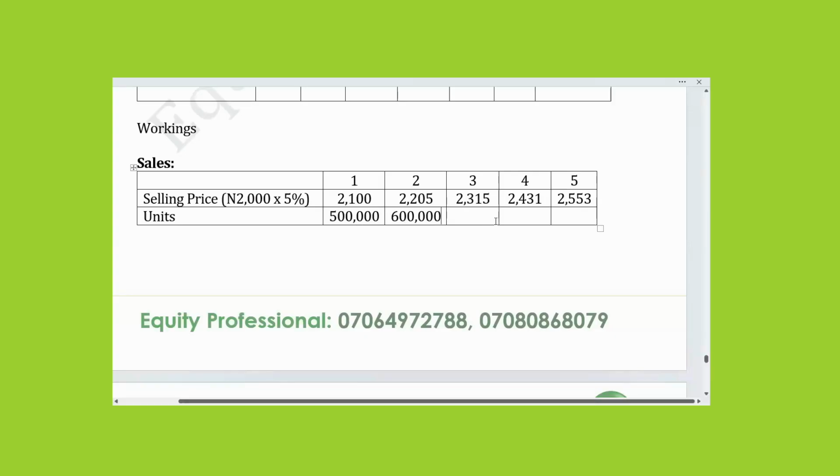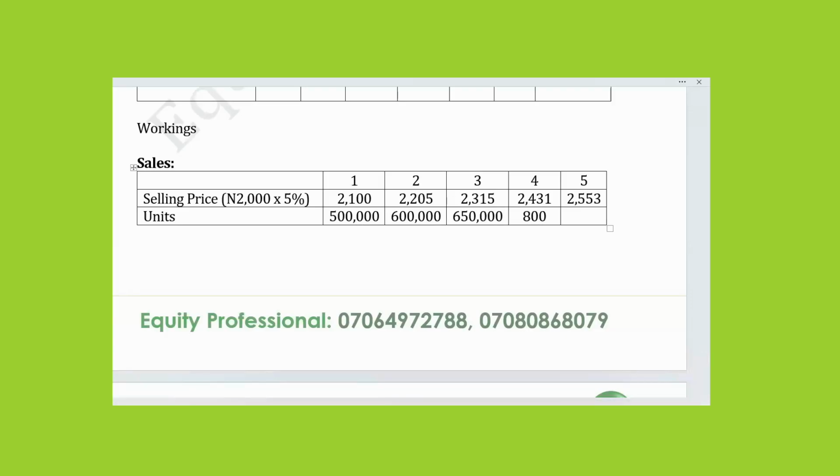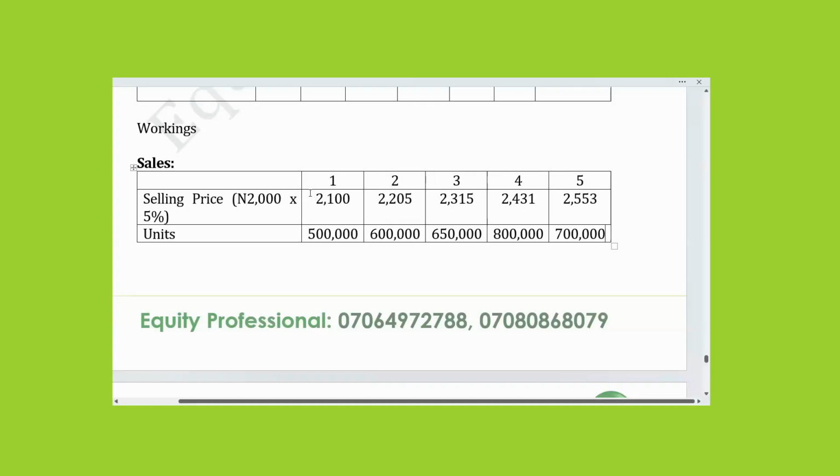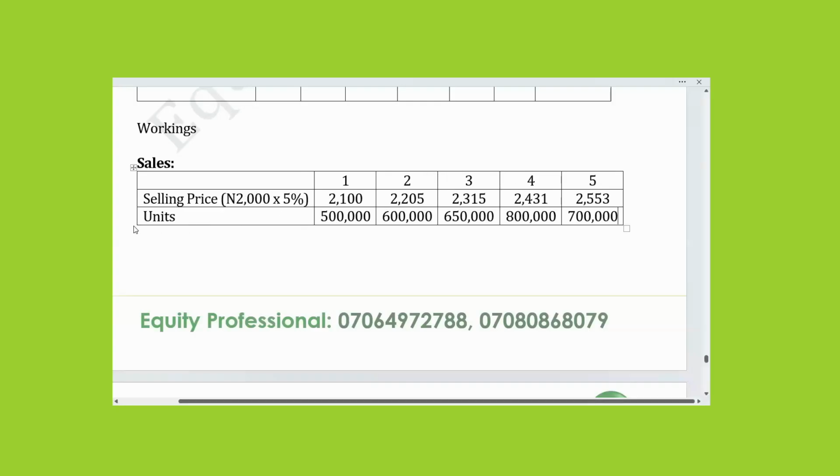Units sold in year three? 650,000. Year four? 800,000. Year five? 700,000. Thank you. So this is the number of units sold. I will then get my total sales.